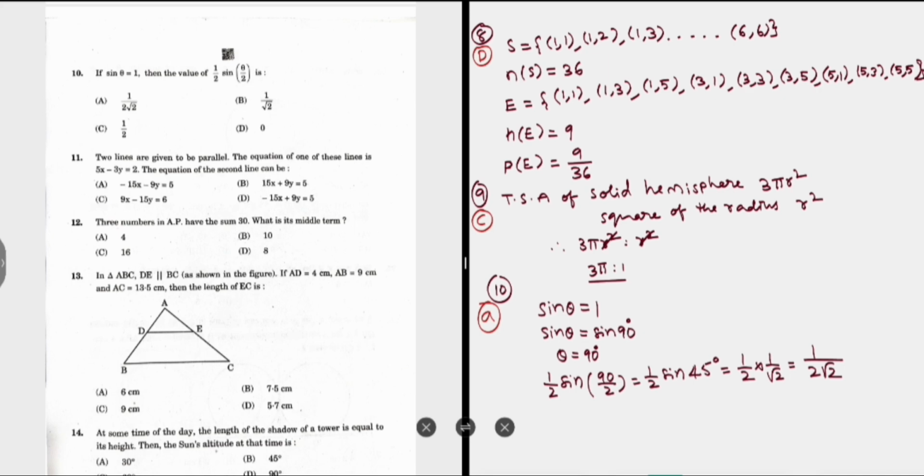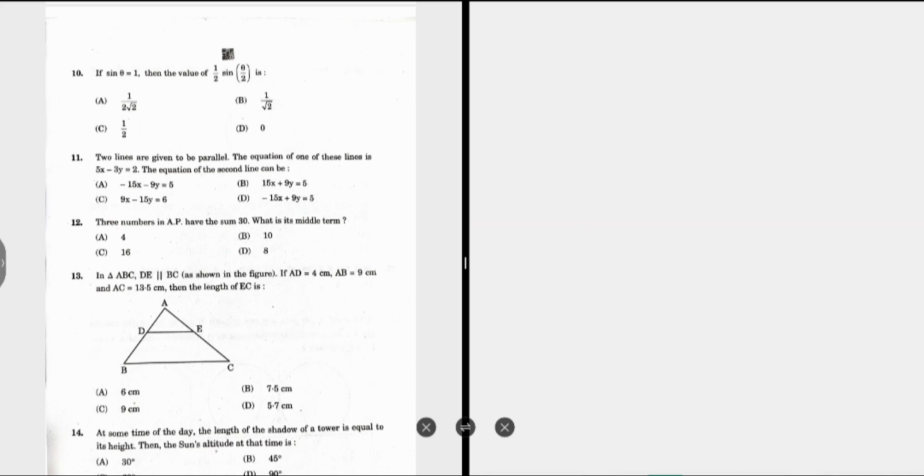Now question number 11. In question number 11, two lines are given to be parallel. One equation is given: 5x minus 3y is equal to 2. Now we want another equation such that the given two equations are parallel. Here we have to remember the condition.